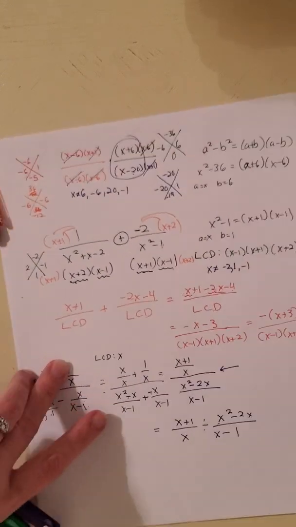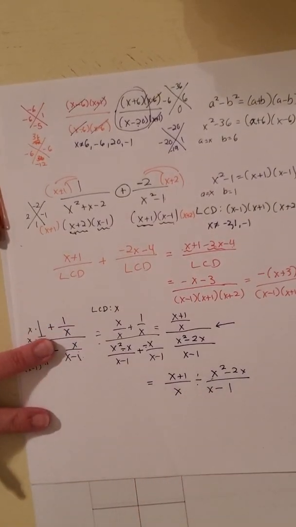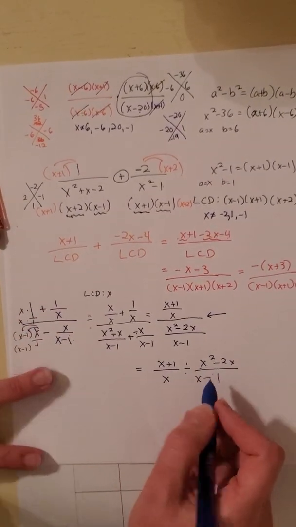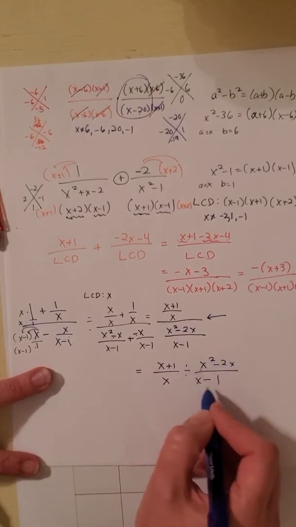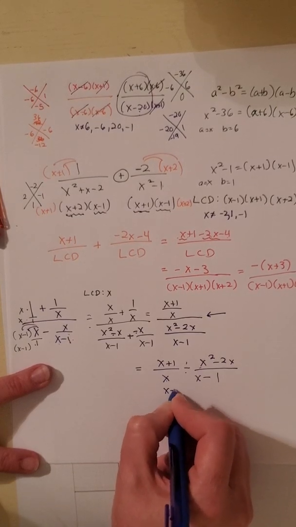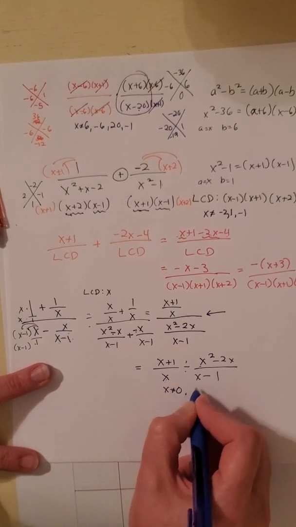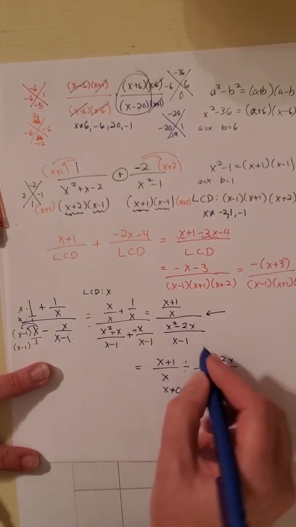All right, and the reason that I remember to do that is because right here I'm going to have to check for restrictions before I multiply by the reciprocal. So I take my denominators, x cannot equal 0, x cannot equal 1, and now I'm going to multiply by the reciprocal.